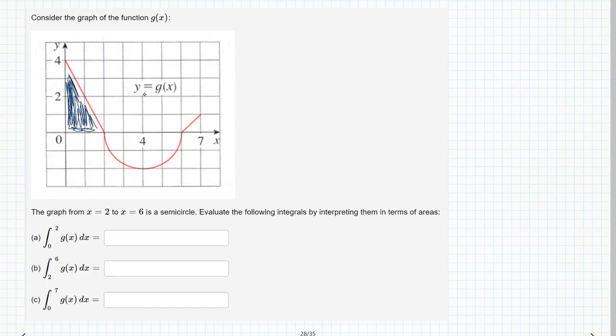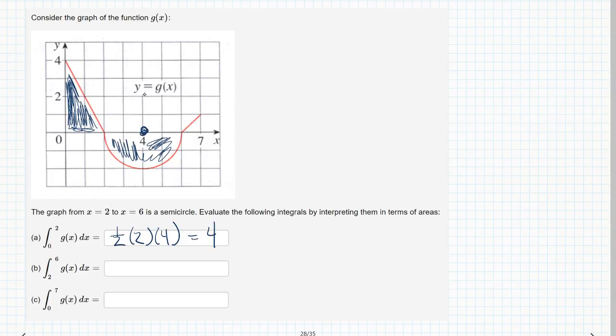So this is a triangle. So the base of that triangle is 2. So 1/2 times 2, and the height of that triangle is 4. So that should equal 4. Okay, now the integral from 2 to 6, notice this is actually negative, right?